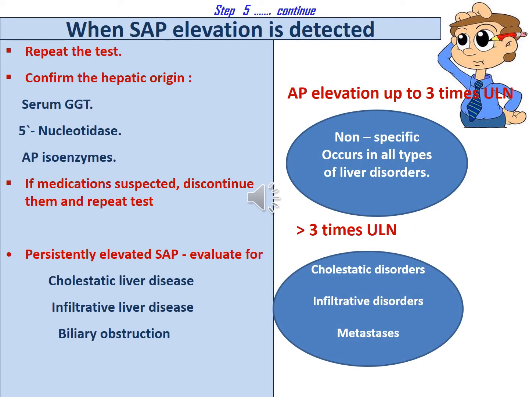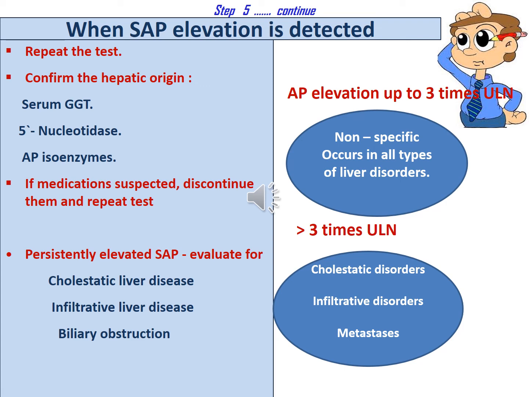So, when faced with a raised serum alkaline phosphatase, first repeat the test to confirm. Number two, confirm hepatic origin. This can be confirmed by seeing that the serum gamma GT is also raised, and 5-nucleotidase will also be raised.